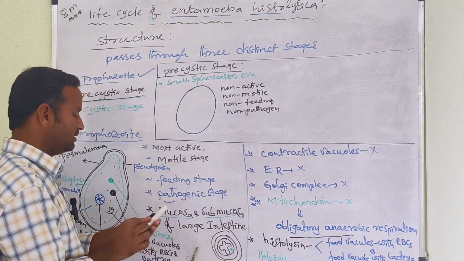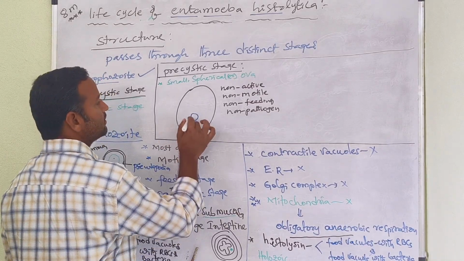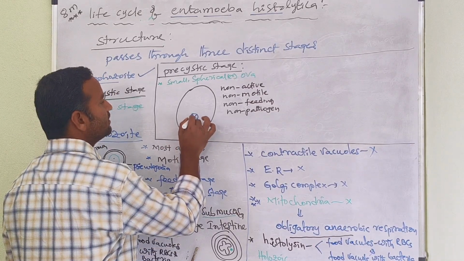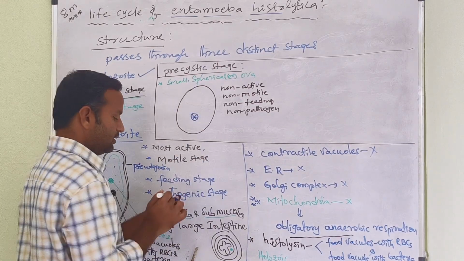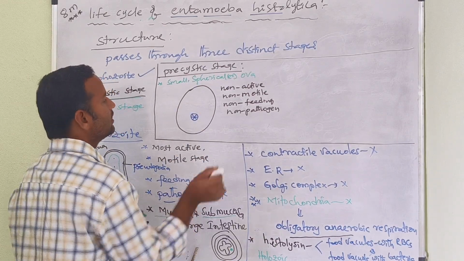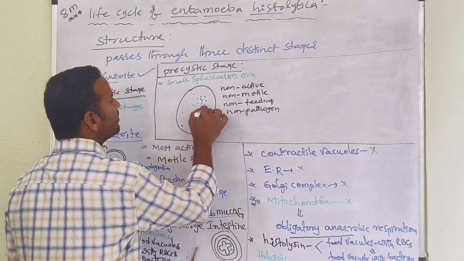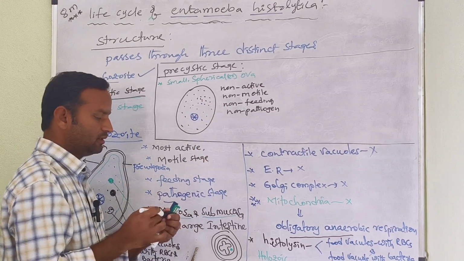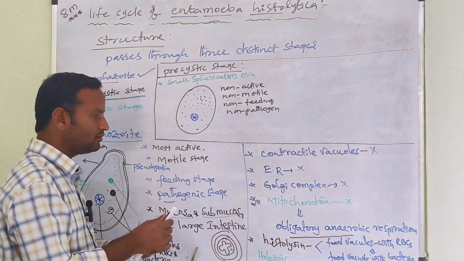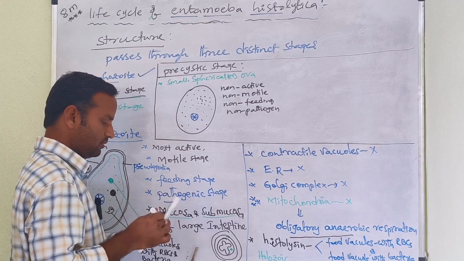The next point is that within this stage a corpuscle shaped nucleus is present, as well as glycogen granules. These are the glycogen granules, and chromatid granules are also present.